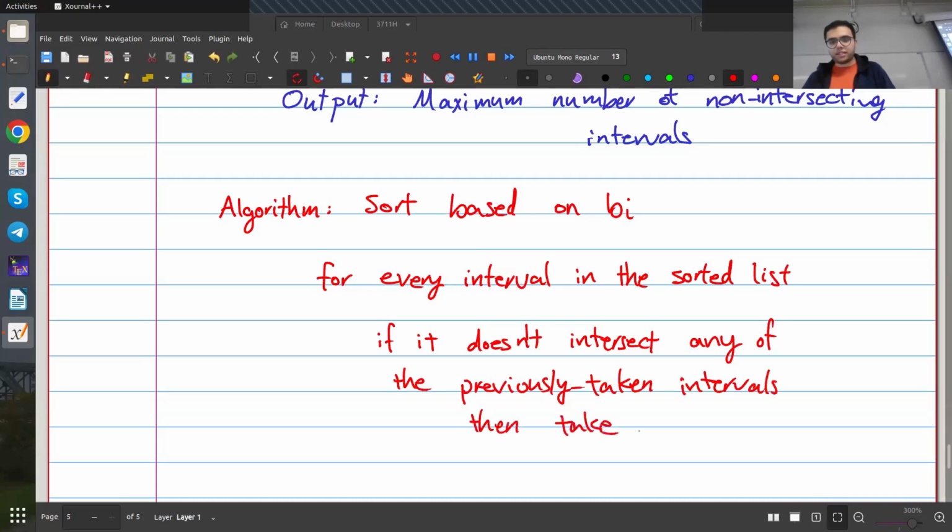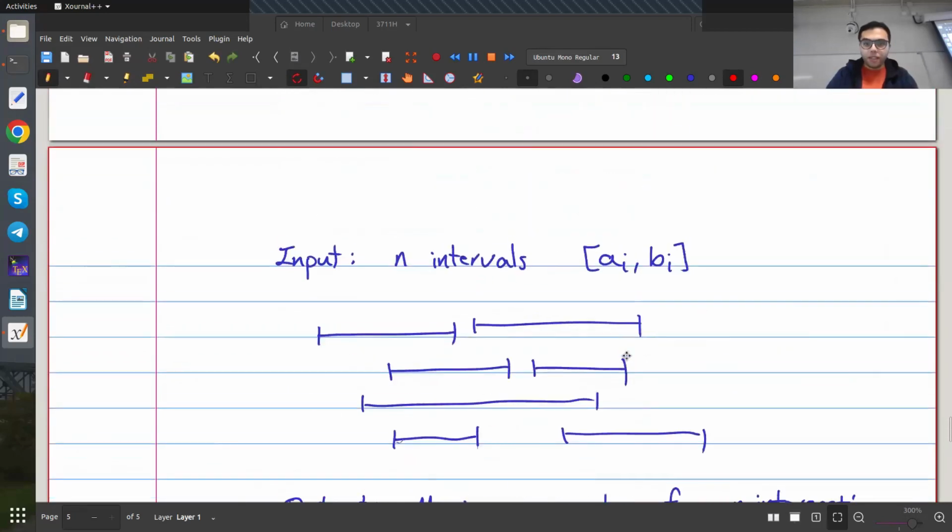Now, I'm just writing it in English, but you can, of course, write it as pseudocode as well.